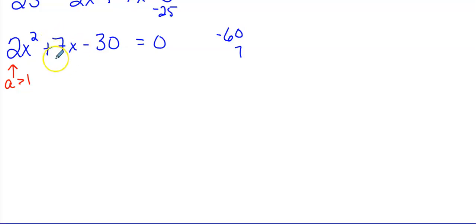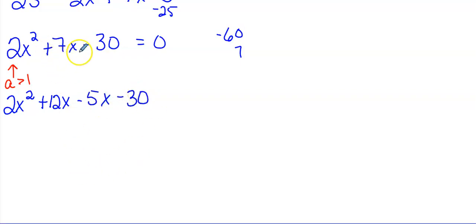So I'm going to split this 7 into plus 12x minus 5x and rewrite everything else. The only thing I did was split that 7 into these 2 numbers right here. Then I'm going to group these and factor. So I'm going to take out greatest common factor here, 2x, in parentheses, x plus 6.